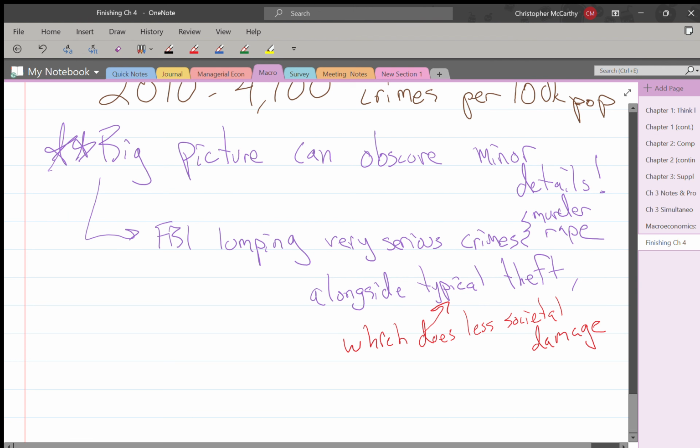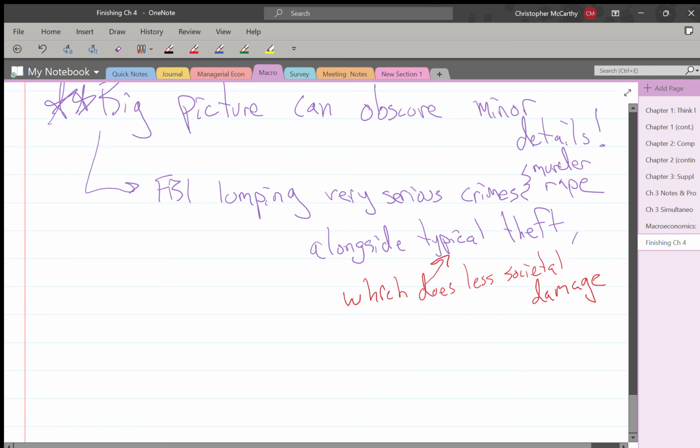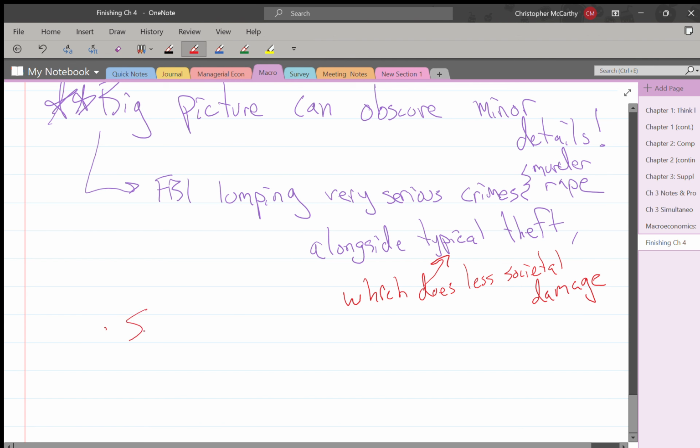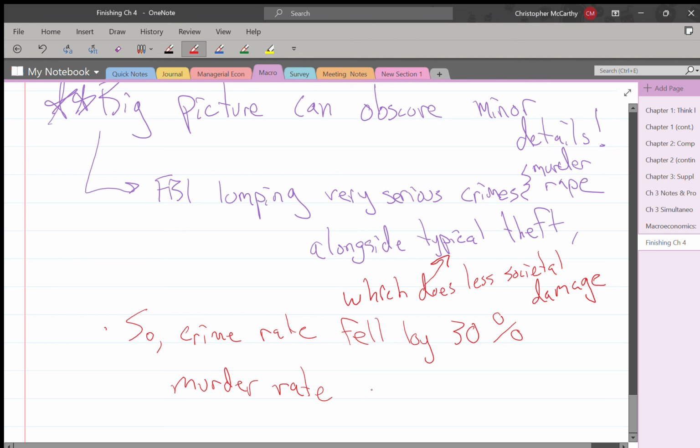And so, although the crime rate fell by 30%, that 4,100 to the 2,860 is 30%, the murder rate fell by less than 12%.